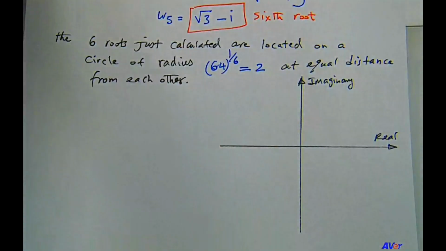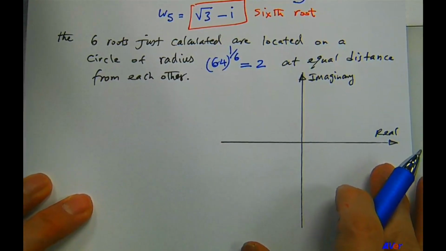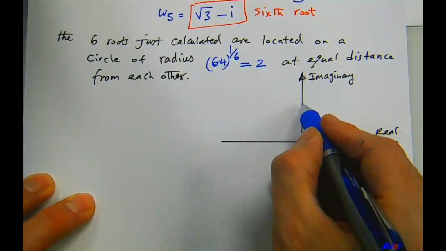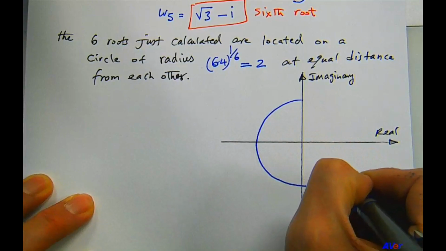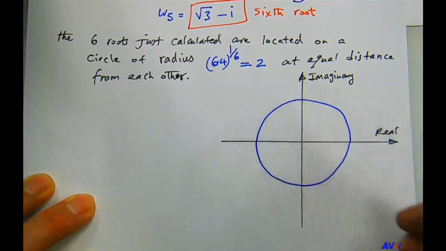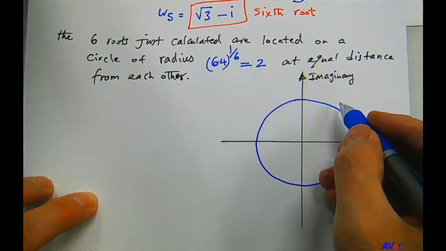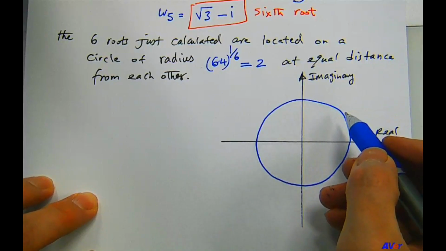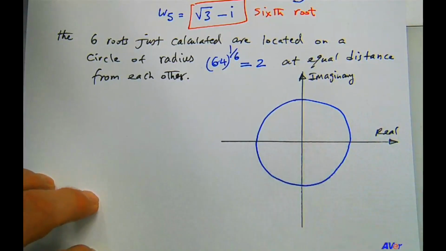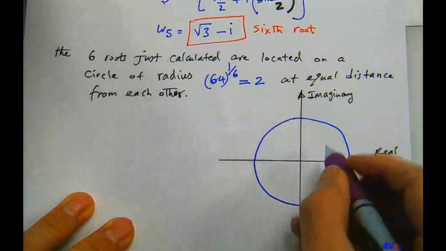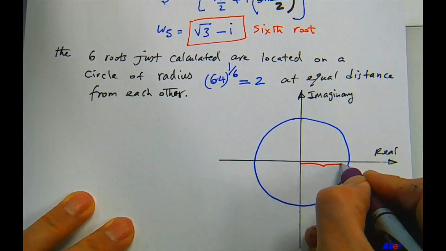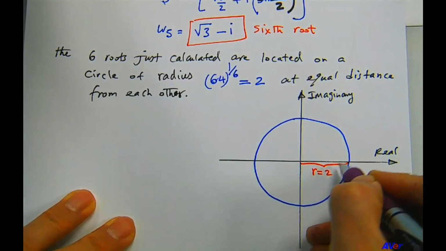And I'll just try my best to draw a circle that is a little bit symmetric. That's as best as I could do it. And then we know that this radius is equal to 2, right? This radius, r equals 2.